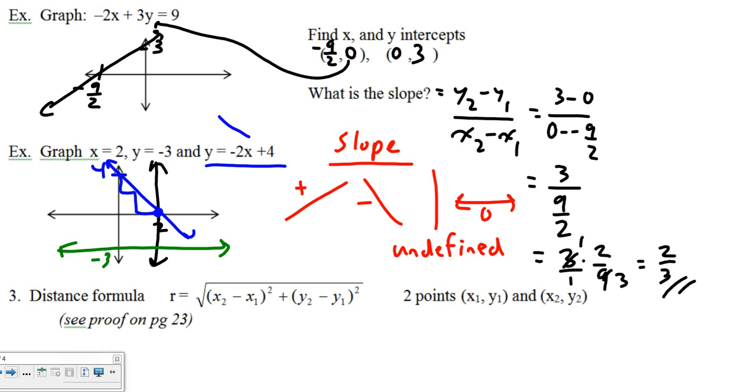Distance formula. The distance formula is going to be the square root of the change of x's squared plus change in y's squared. This distance formula is derived from the Pythagorean theorem. Why?